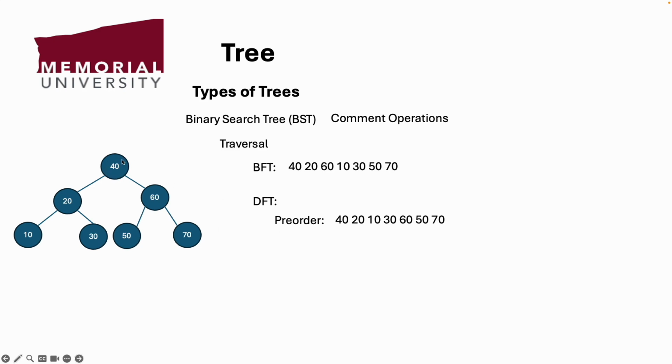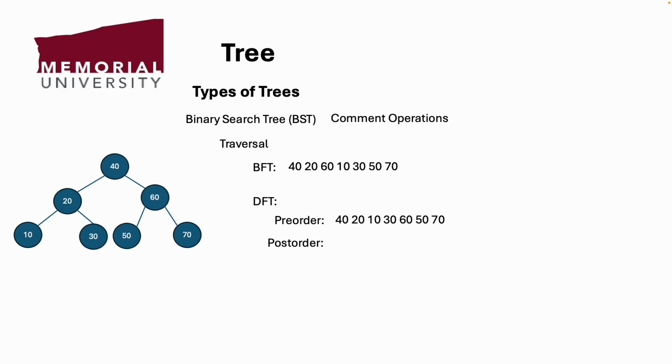So first will be 40 and then go to 20. 20 has children, so 10 on the left child, and then the right child 30, and then going to the right, so 60, then its children, 50, and then go to 70. This is a pre-order traversal.